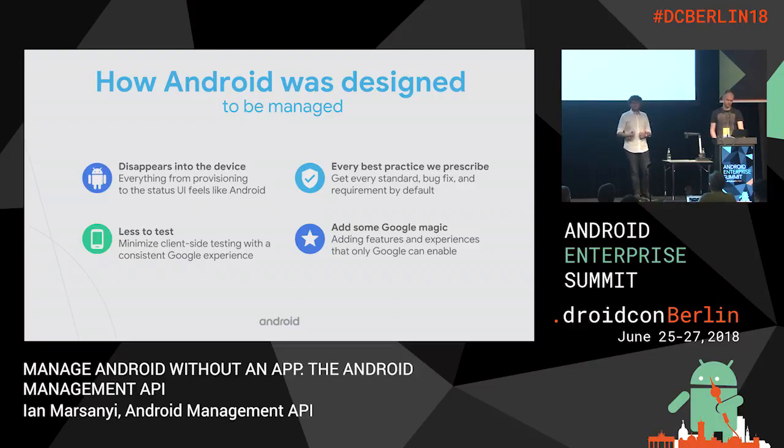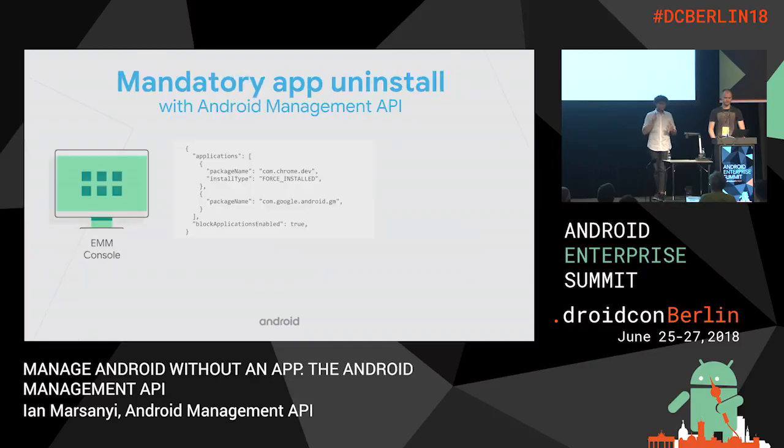What that enables us to do is give a little bit more magical, a little bit cleaner experience. But ultimately, all of that's delivered through you as the vendor. It's not through us. We kind of disappear in this equation, and you're managing Android in the way that it's meant to be managed. So Nikita's going to run us through that previous example of mandatory app uninstall, and show you how easy it is to change things up.